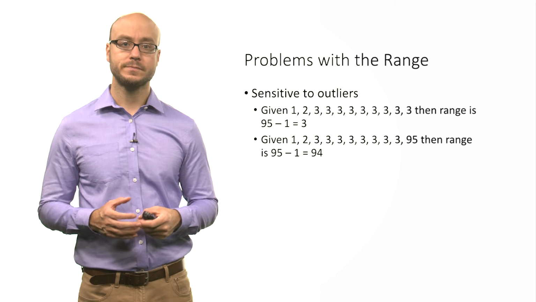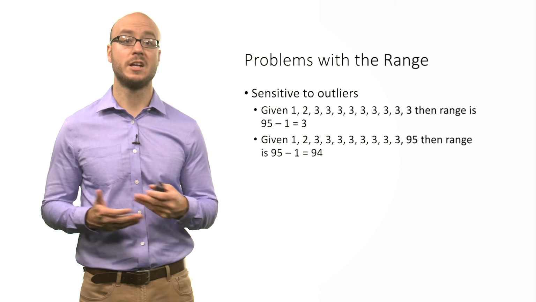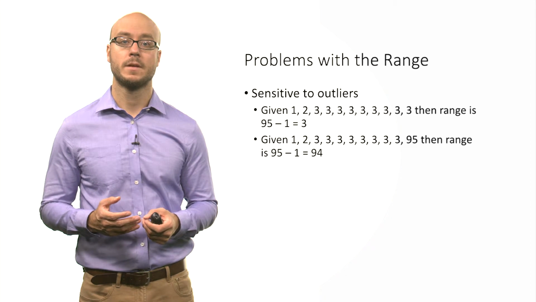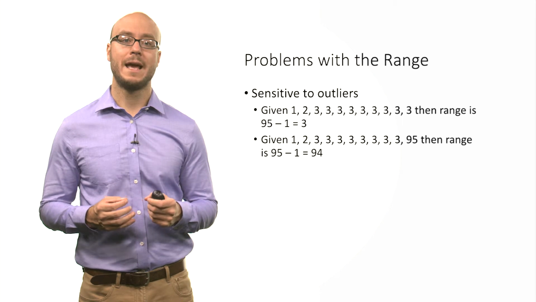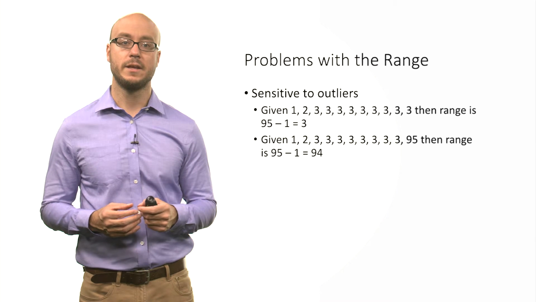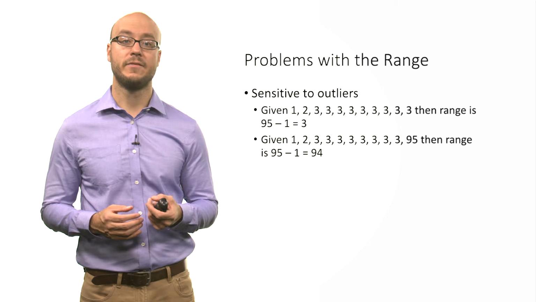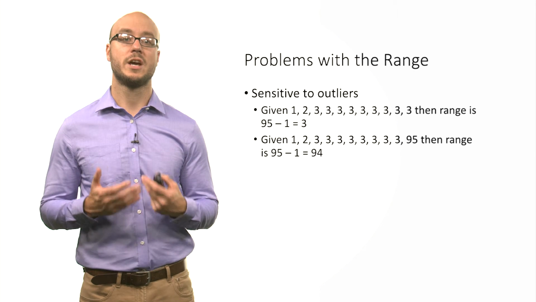So for example, in the first case, when you have a set of observations of 1, 2, and lots of 3s, the range is simply going to be 3. But what happens if you change that last data point from a 3 into 95? Well, the range is going to be 95 minus 1, which is 94.